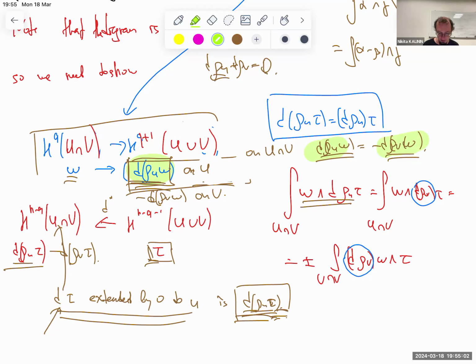If you consider this as a form on U, you consider this thing; if as a form on V, you consider this thing. The same with tau. When you compute the differential, you multiply it by one of the functions, and then sometimes you extend it by 0. That's how you define the differential.